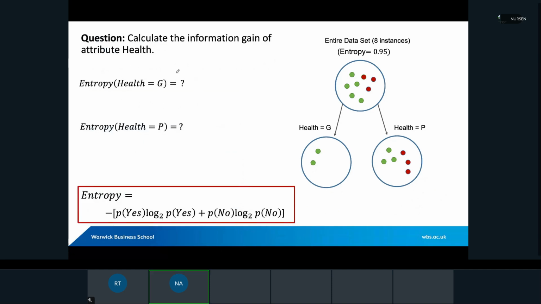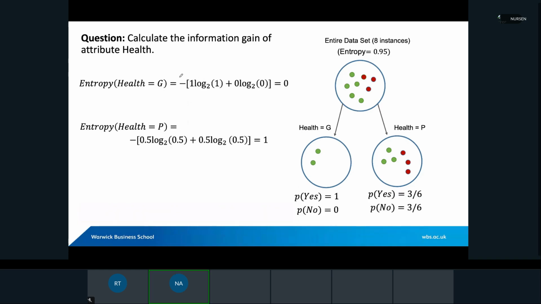If we consider health, let's calculate this. We already know it is 0 for poor, and for the impure one, it is 1. And now for the information gain, let's do it together here.